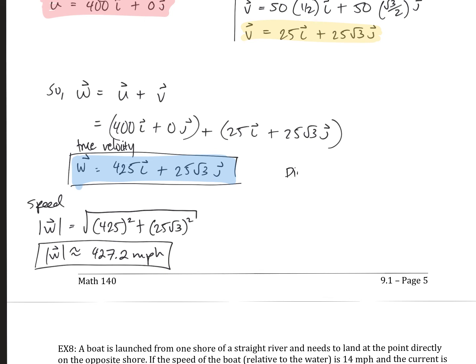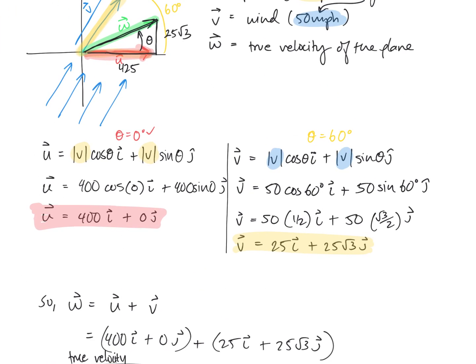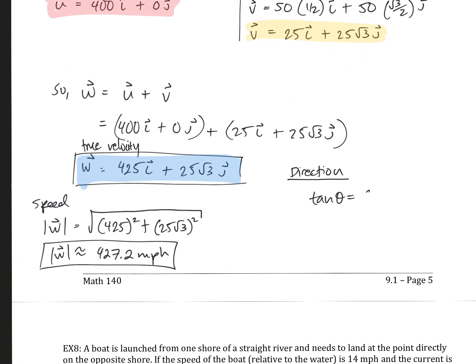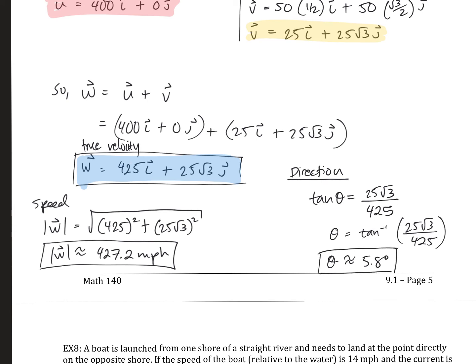So my direction is tangent of theta equals my 25 root 3 over my 425. And then, because we don't know that on the unit circle, we're going to have to take the inverse, so tangent inverse of 25 root 3 over 425, and we'll end up with theta approximately equal to 5.8 degrees. So the plane wasn't put off that much by the wind.